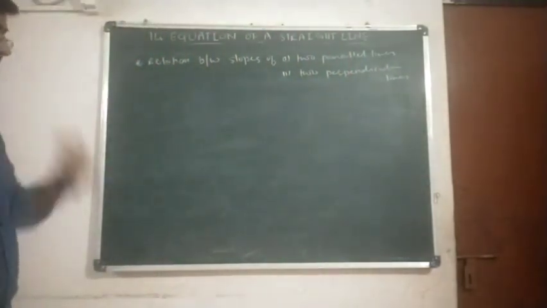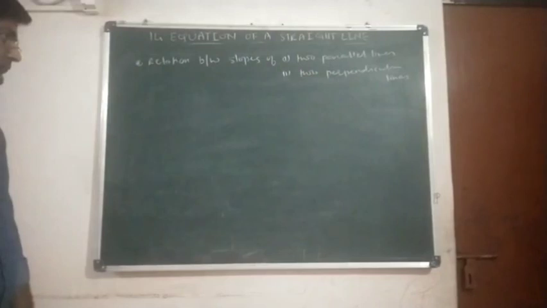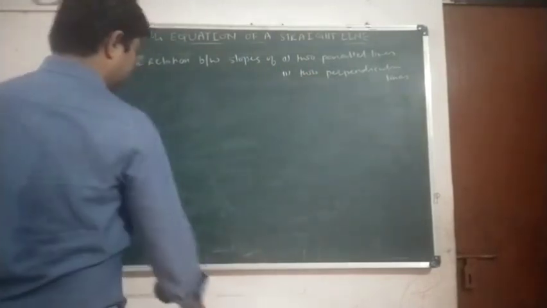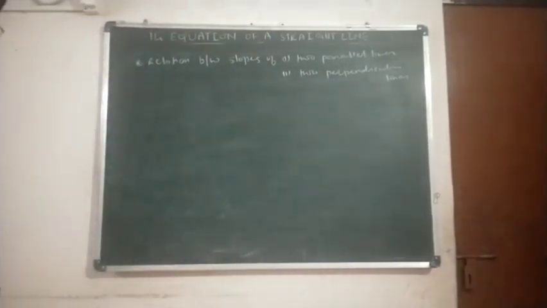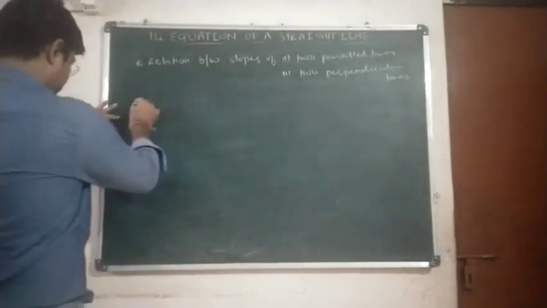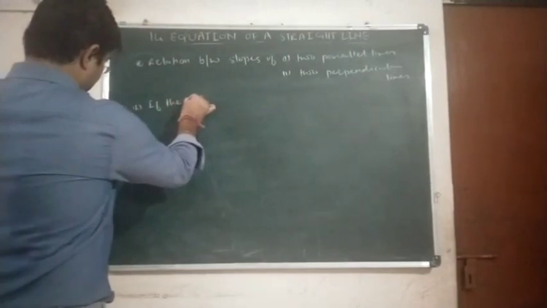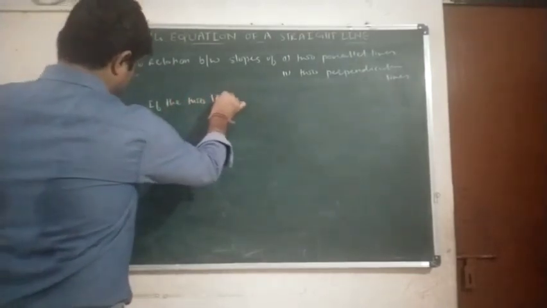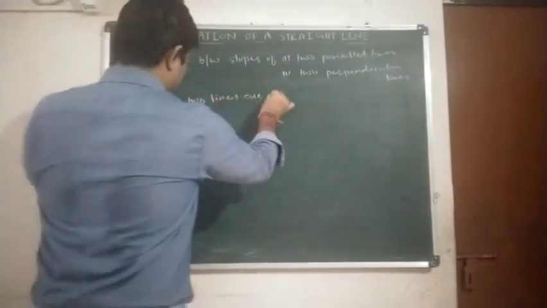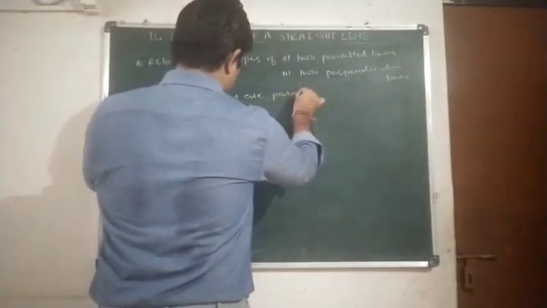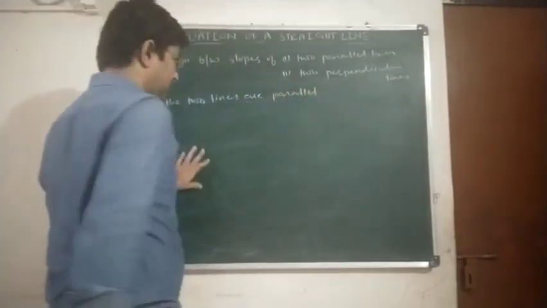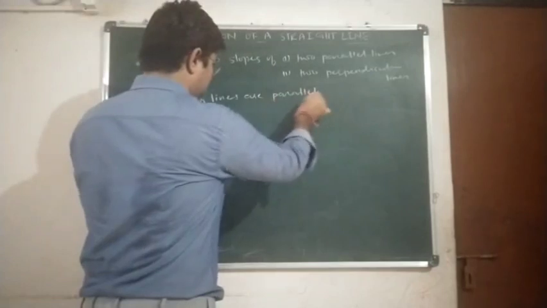Okay, first we will see the relation between the 2 parallel lines. So if the 2 lines are parallel, what will happen if the 2 lines are parallel?